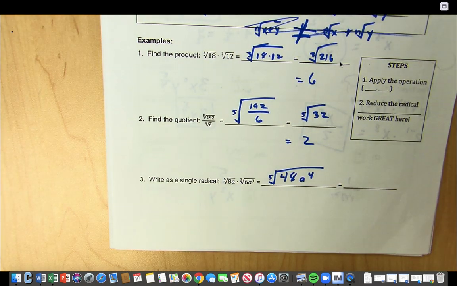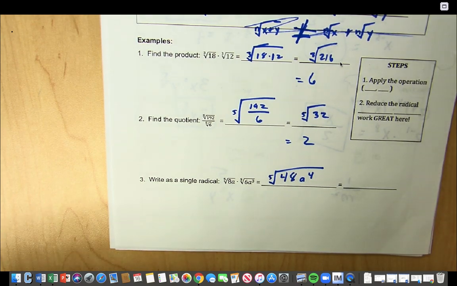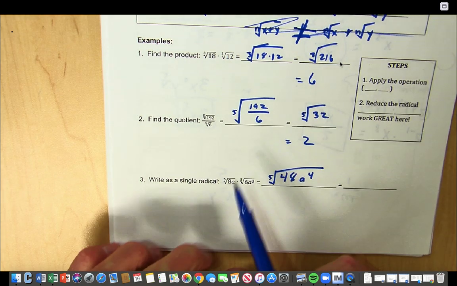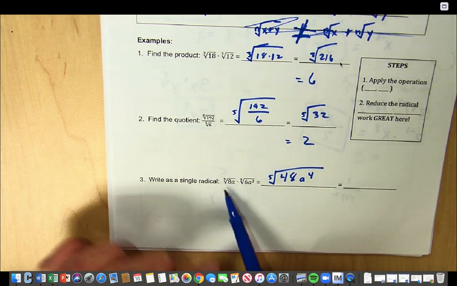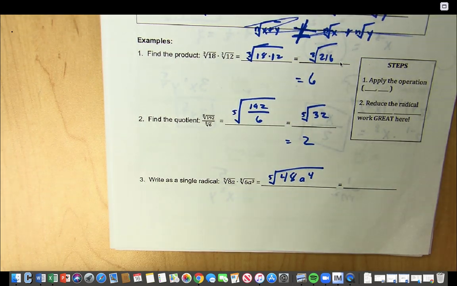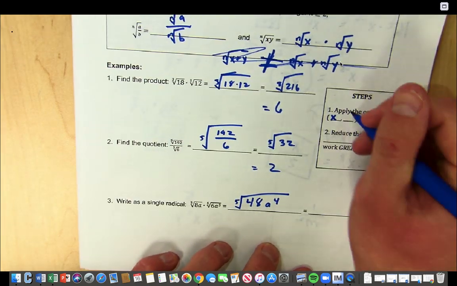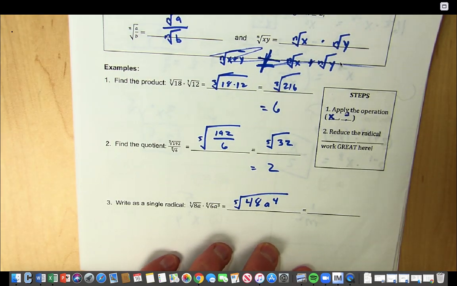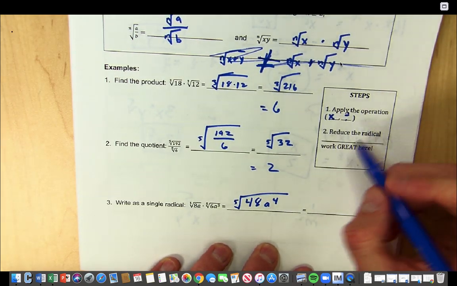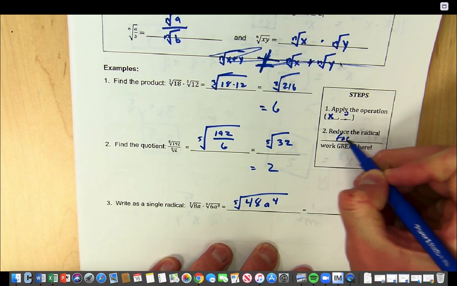And you actually can't simplify this any further, so you can just leave it as the 5th root of 48, a to the fourth. It's a little cleaner, a little bit more simplified than these two here. So basically what you're doing is you just apply the operation, whether it's multiplication or division, and reduce all the radical factors that you can.